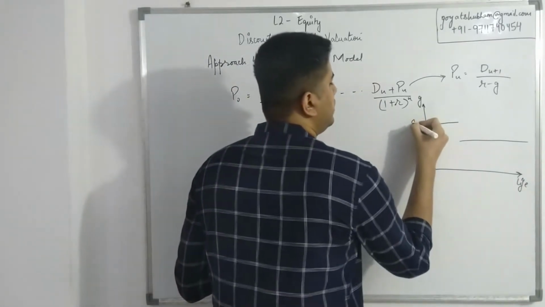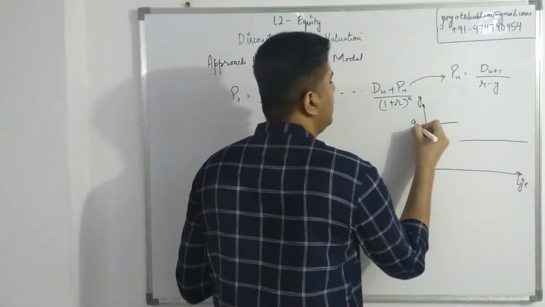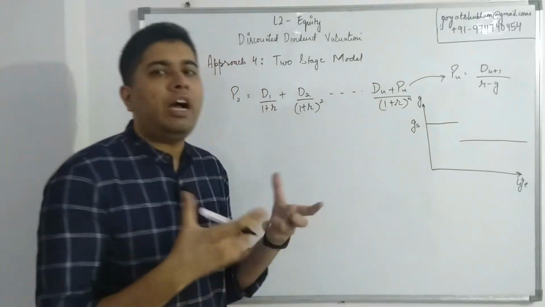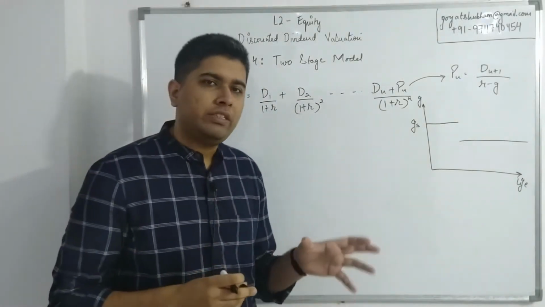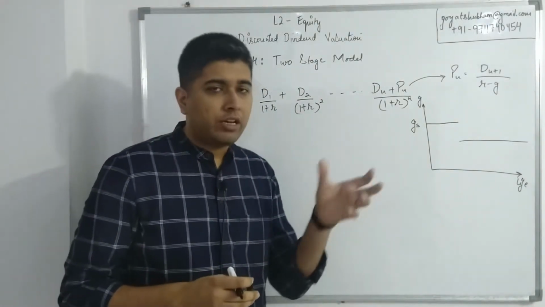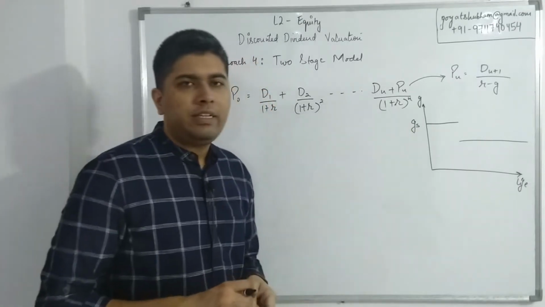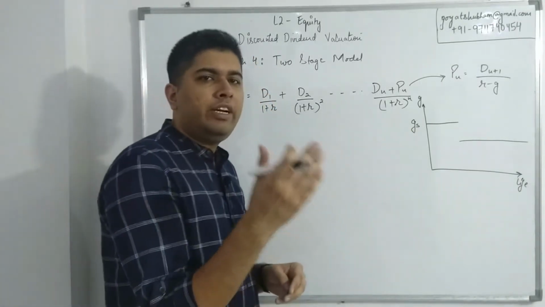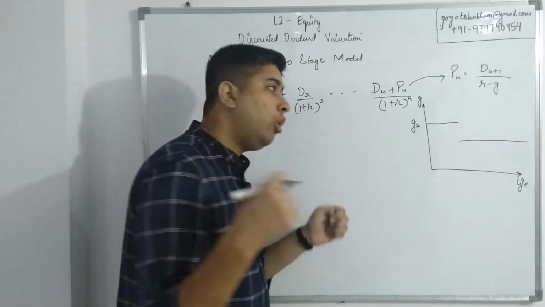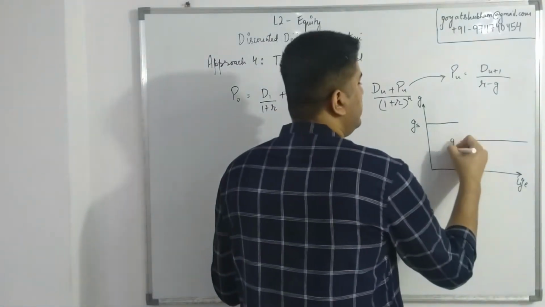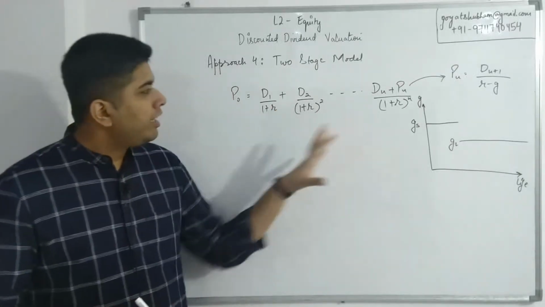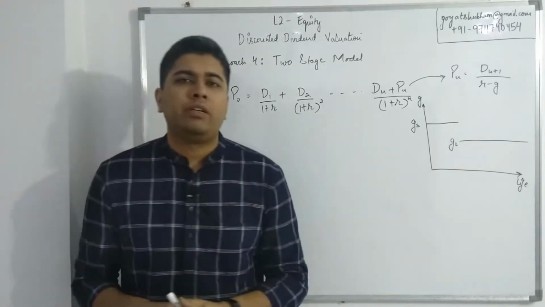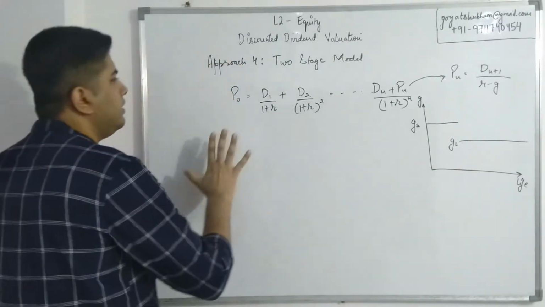This is known as GS, basically the short-term high growth rate. The growth rate that would exist for a short period of time, the higher growth rate, is GS, and the stable, lower growth rate that would exist for a longer period of time is given the notation GL. With the concept out of the way, let's do an example to solidify the ideas further.